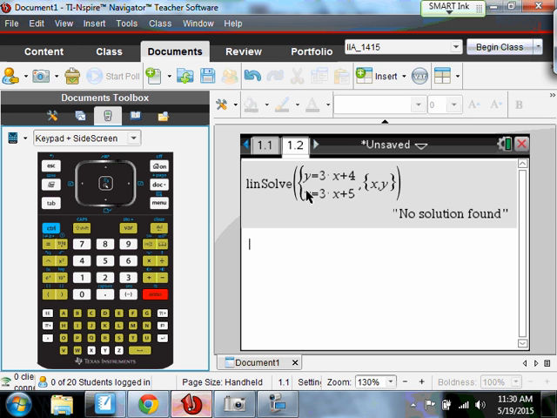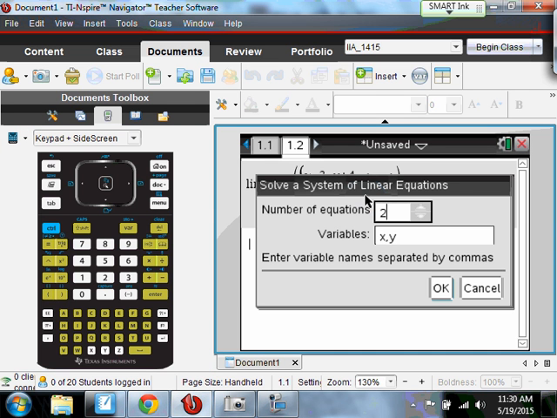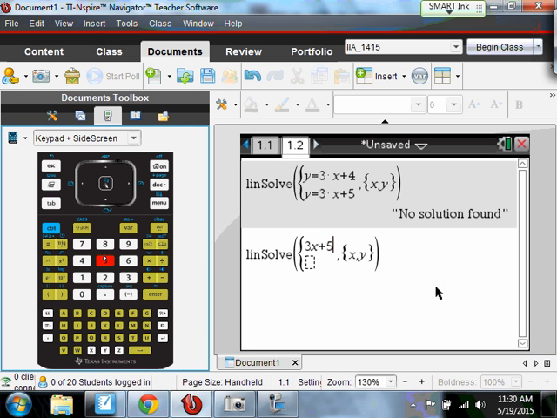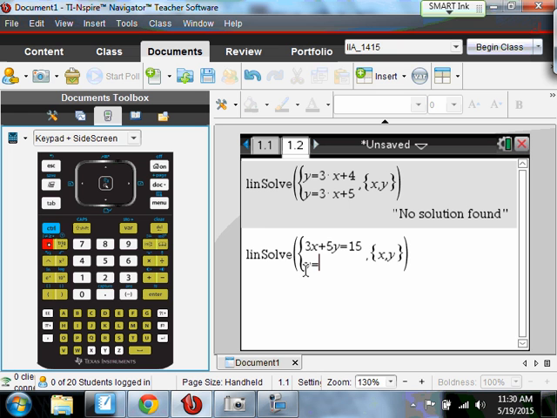The other two that I could think of to look at would be one like this. Let's try to solve this system. Two equations, two variables, x and y. Let's go with 3x plus 5y equals 15, and let's go with y equals negative 3/5 x plus 3.